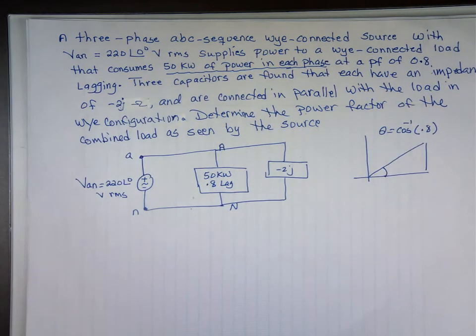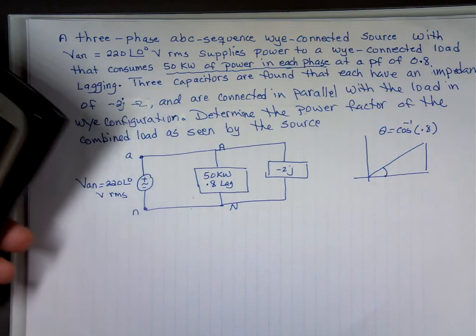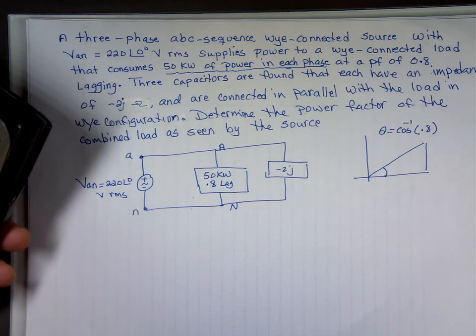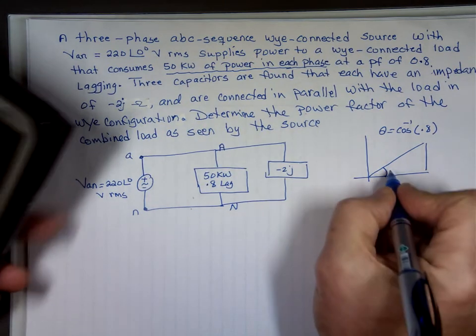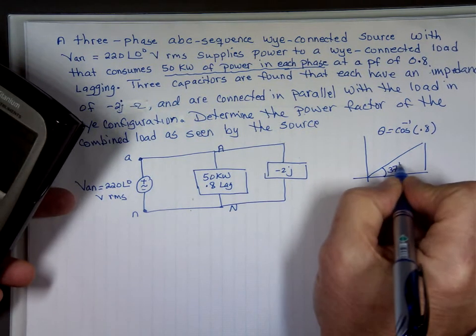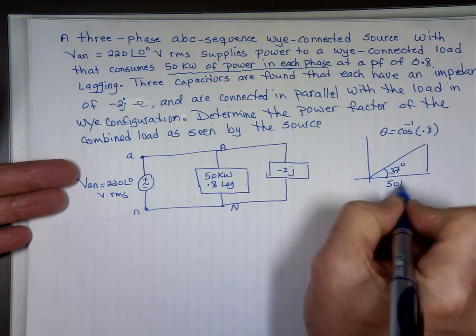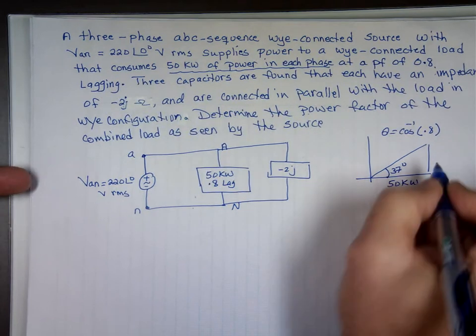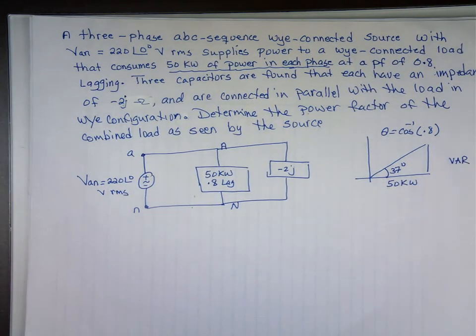Let me get my calculator here. The inverse cosine of 0.8 is roughly 37 degrees. We know this is 50 kilowatts. We need this one, the VAR, Q, the complex value.